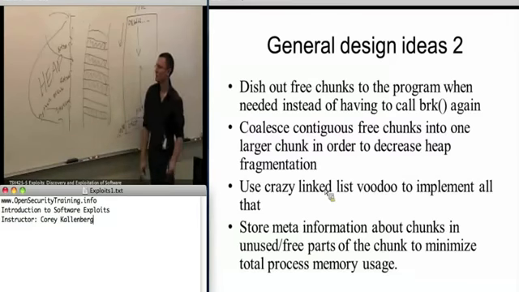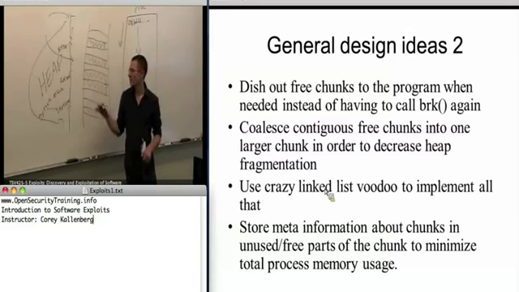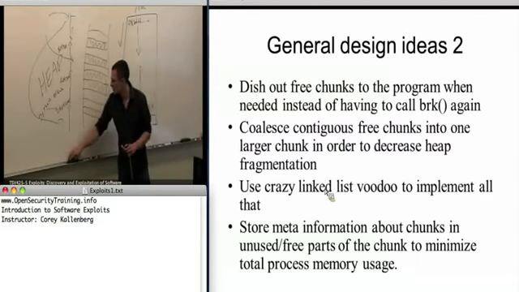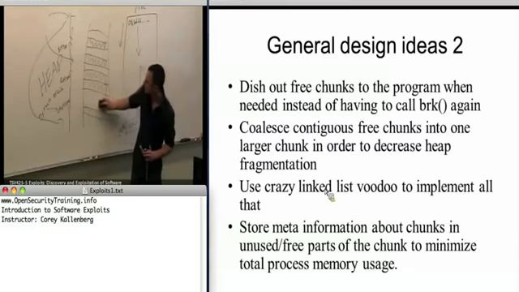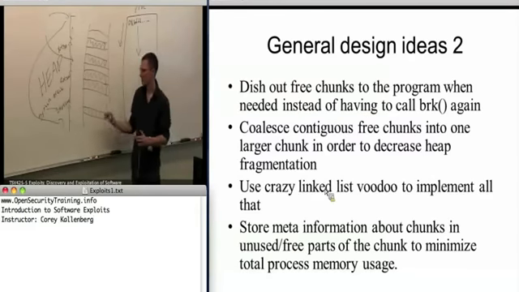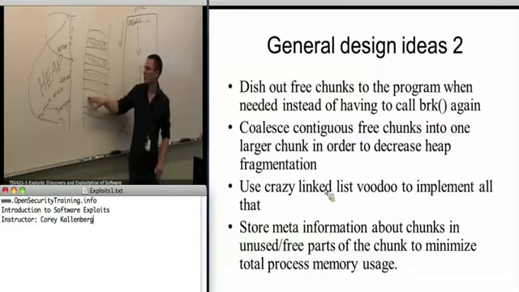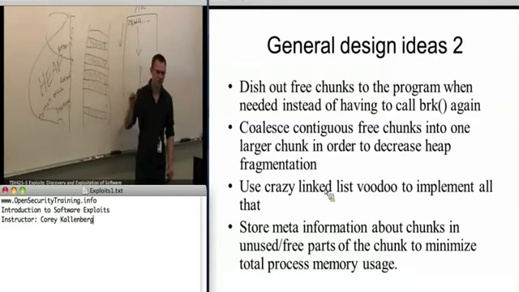One thing that the allocator commonly does to increase its efficiency is, whenever it sees two free blocks right next to each other, it will coalesce those blocks together to form one larger free chunk. That defragments the heap, and you don't want a lot of really small free chunks, because smaller ones are harder to use.